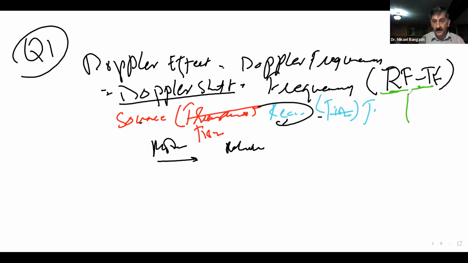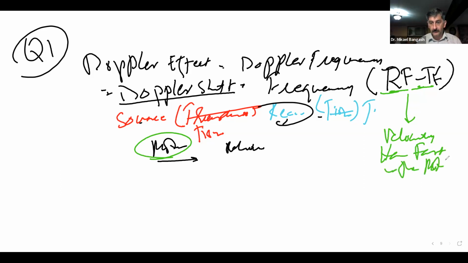But ultimately it is going to be shown as a velocity, which is just how fast is the motion. Not just how fast, but also in what direction. And the direction comes into effect when we compare the reflected frequency versus the transmitted frequency.